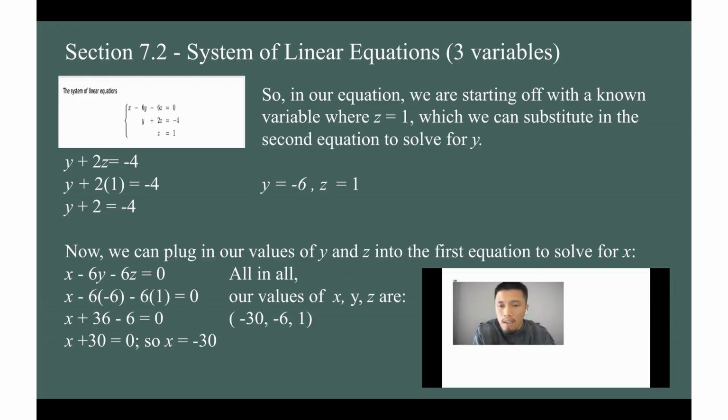And adding it all up, we'll get x + 36 - 6 = 0. And so we get x + 30 = 0. So all in all, our values of x, y, and z are going to be -30, -6, and 1.